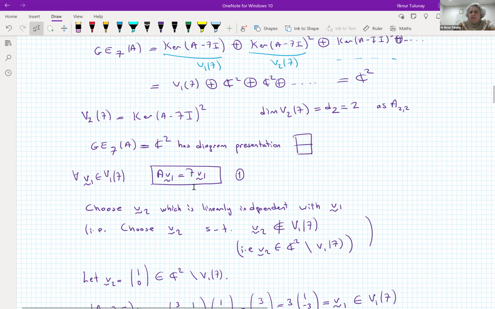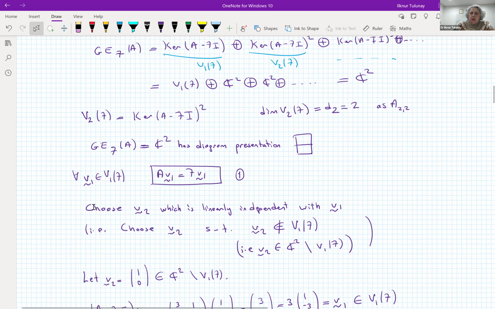This is by definition of the eigenspace: this is an eigenvalue, this is an eigenvector. This is the one equation that I'm going to use to construct the invertible matrix P in the equation that we have.